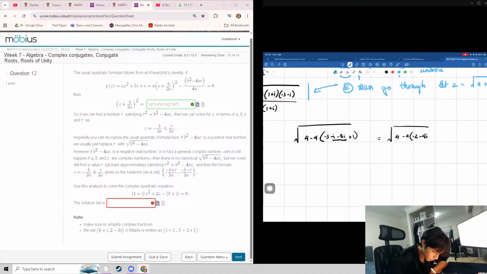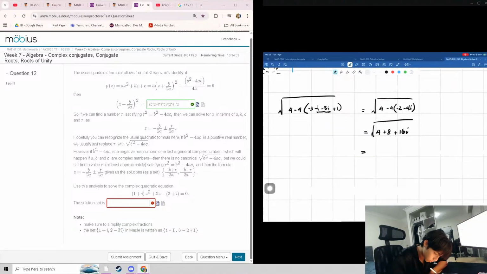Minus 4i. Okay. Root of 4 plus 8 plus, what's that? Plus 16i is equal to 12 plus 16i.